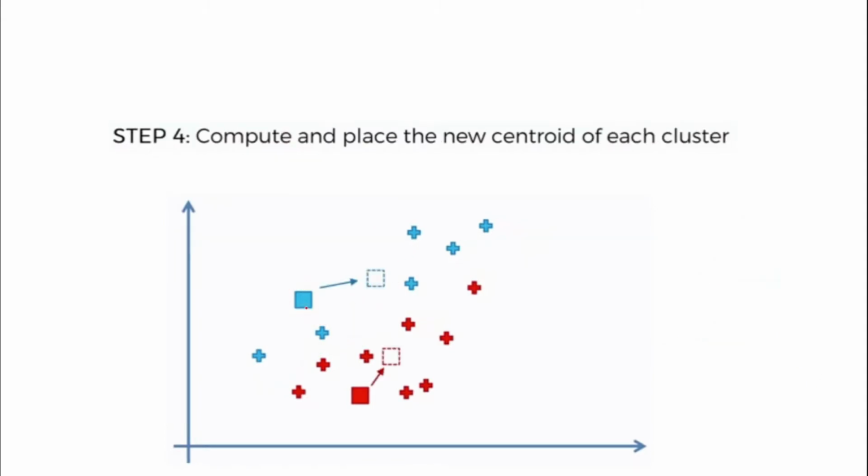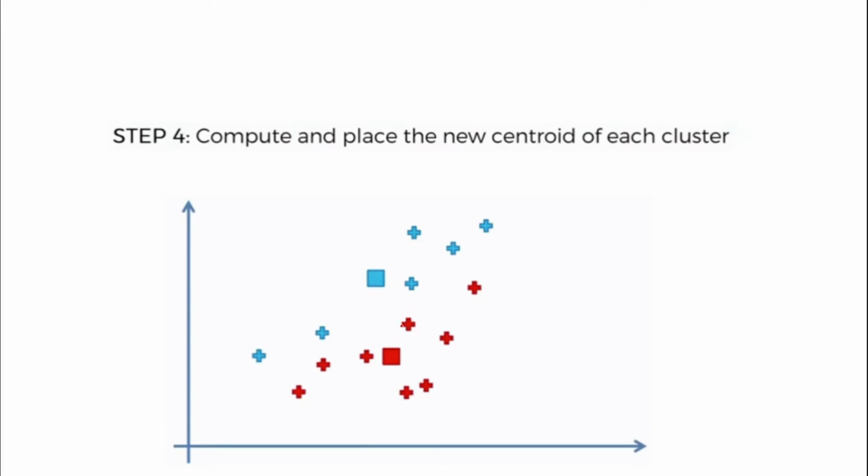So this is why I'm moving this from here to here, and for the red colored one, I'm moving this centroid here to here. Once I move this, I need to do the same thing again: calculate the distance from the data points to the centroid. There are only 2 centroids, right?